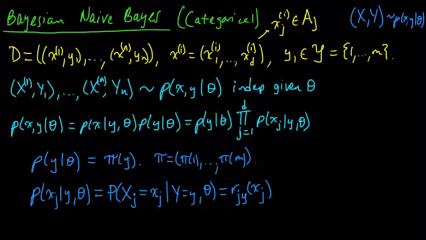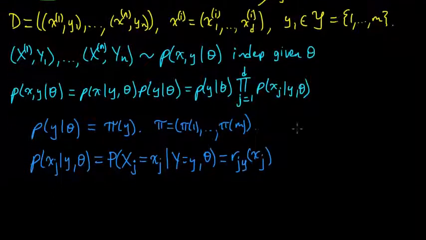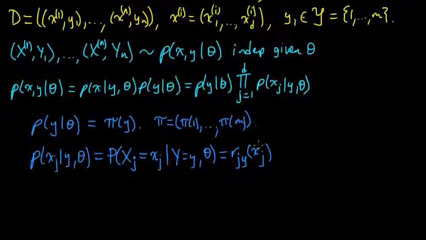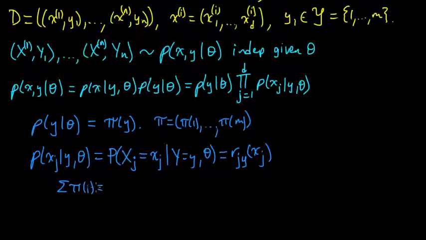So maybe just to be perfectly clear here, I'll write, I sort of want to leave some space over there. The sum of the pi's over y is 1.